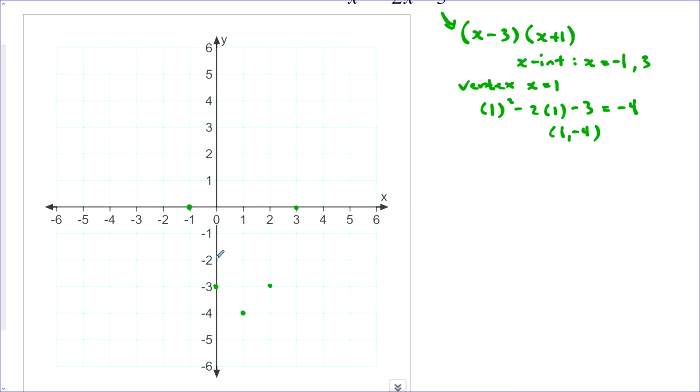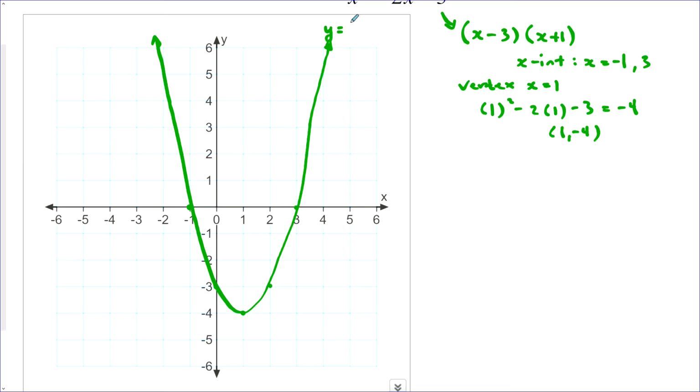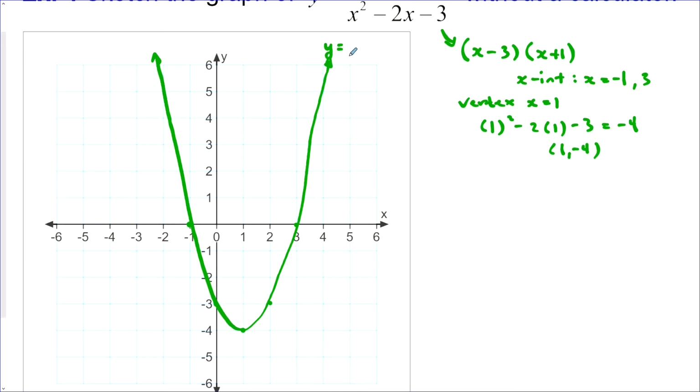Okay, now we can draw our quadratic. Whoa, okay. I don't really care what's happening up here at the top. I'm only using this to sketch my reciprocal graph, so I don't really need this one perfect. But this is y equals x squared minus 2x minus 3.